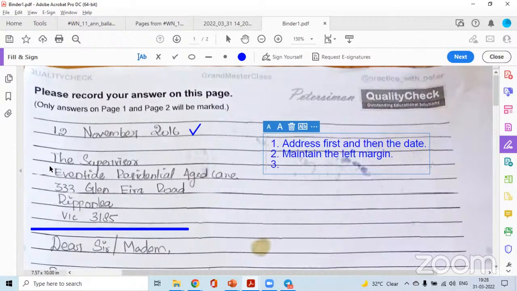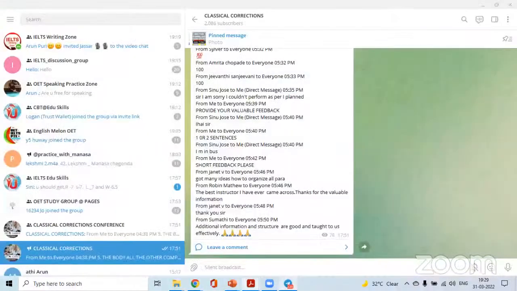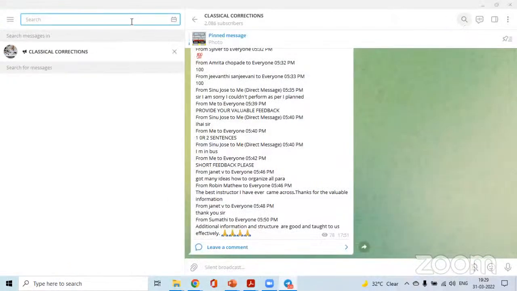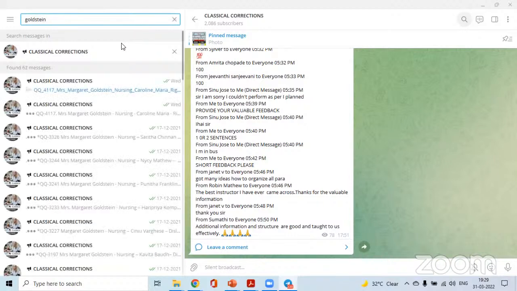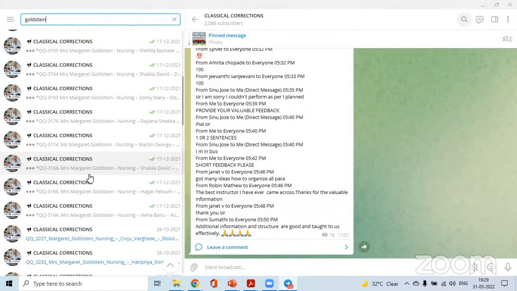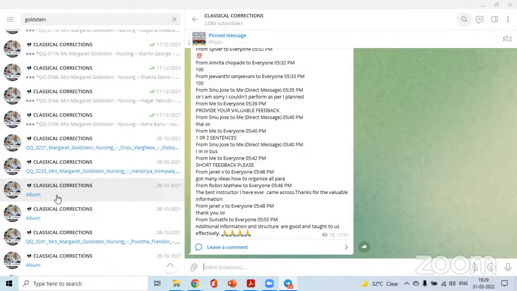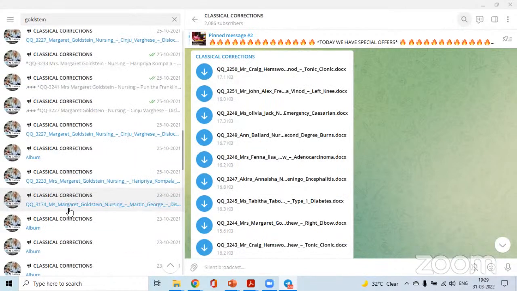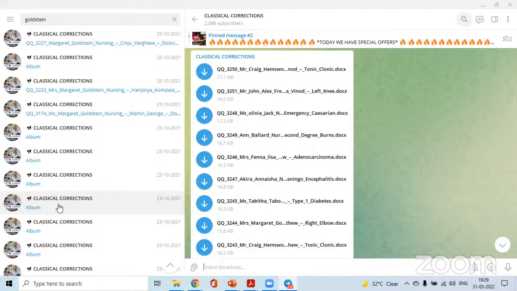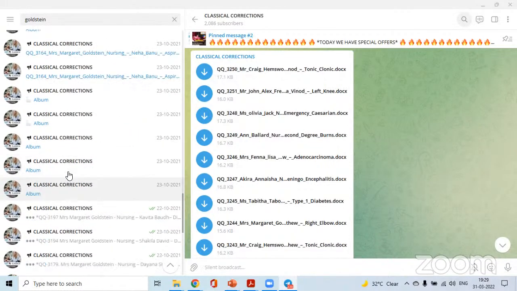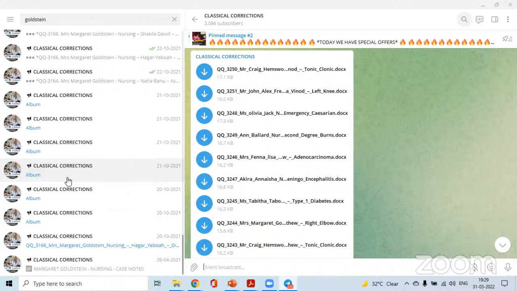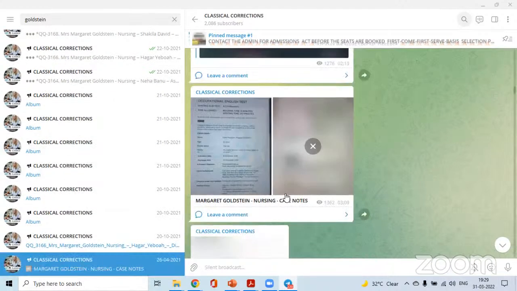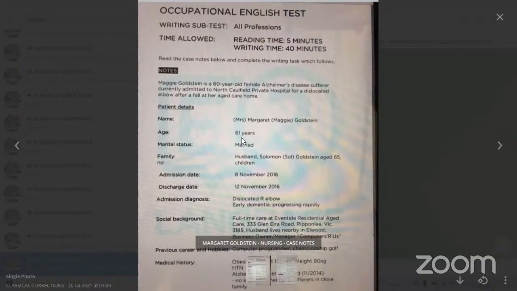Then 12 November 2007, the supervisor. Okay, Margaret Goldstein, case notes.